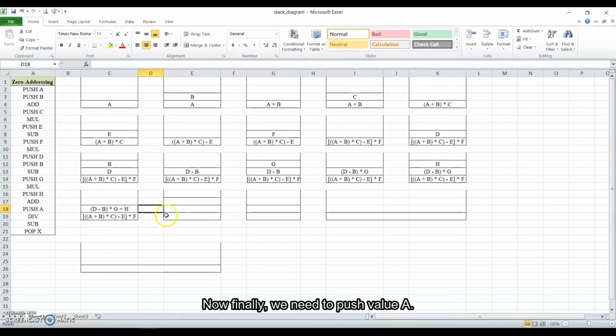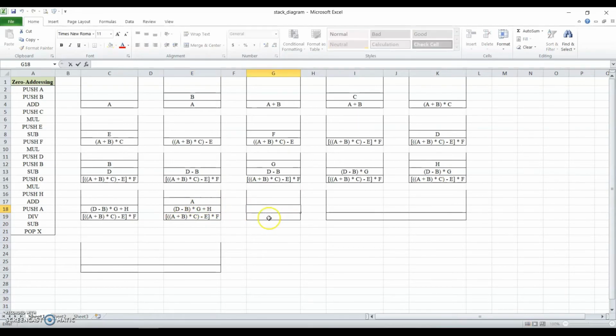Now finally we need to push value A and then divide all of this with A. Brackets to differentiate it.